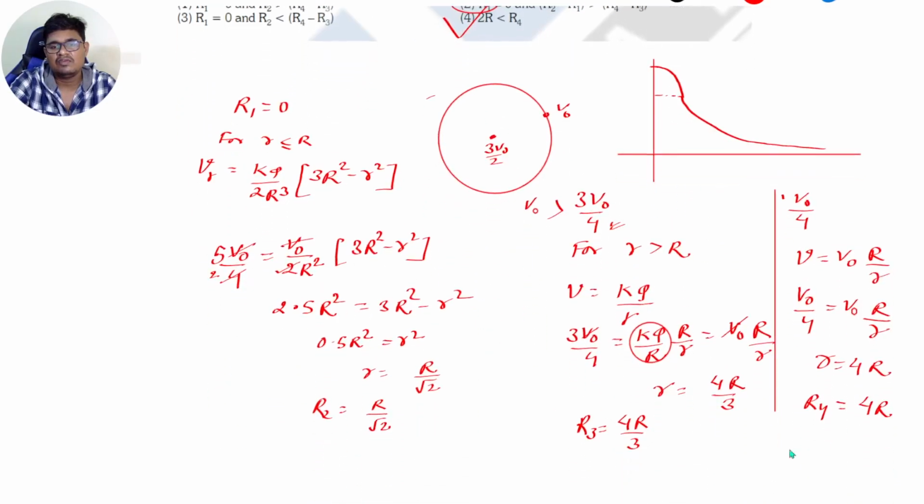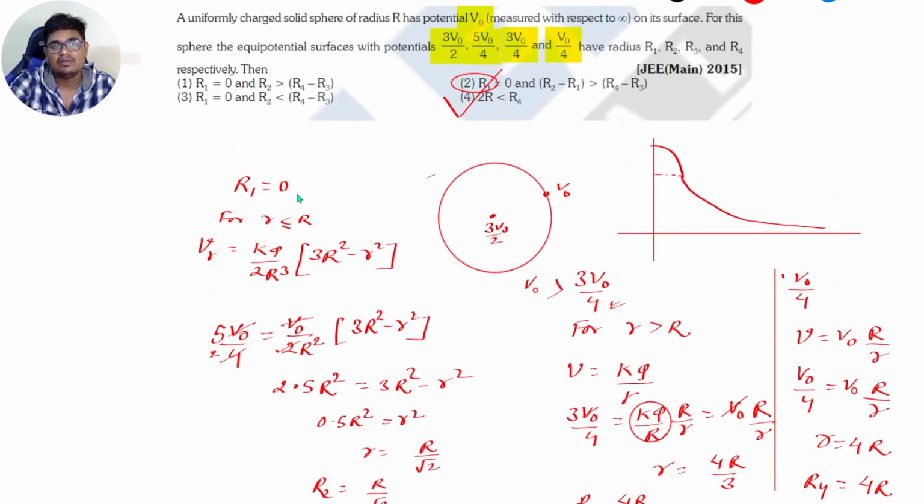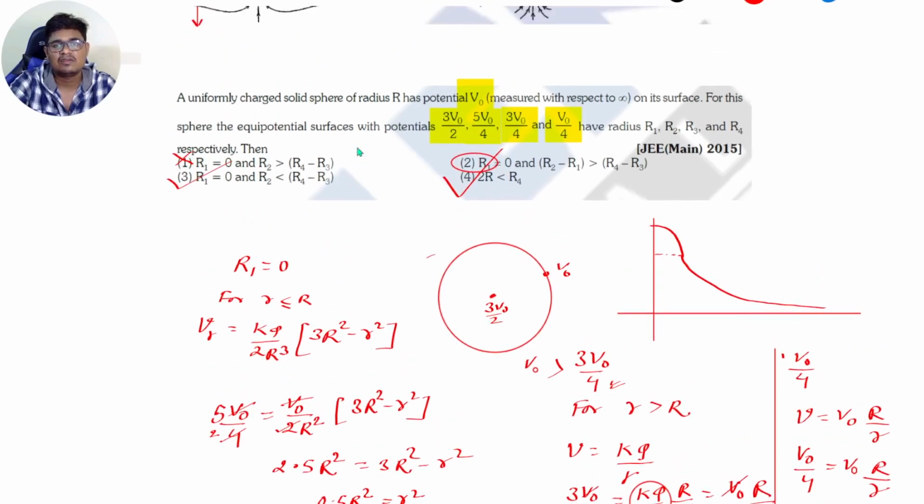So if you see R4 minus R3, it is greater than basically 2R, and R2 is not greater than 2R, basically it is lesser than R also. So R2 greater than R4 minus R3 is the wrong statement, and the right statement is 3. So the correct option here is 3 and 4.